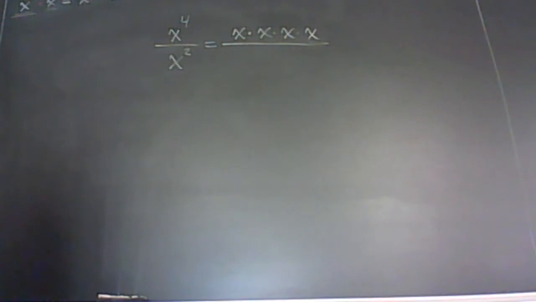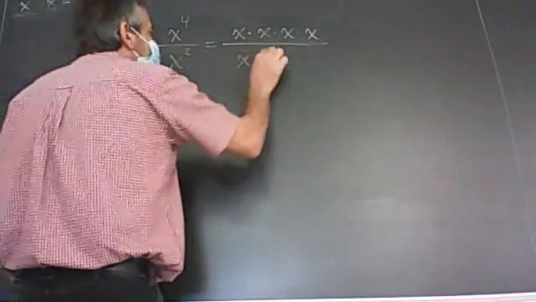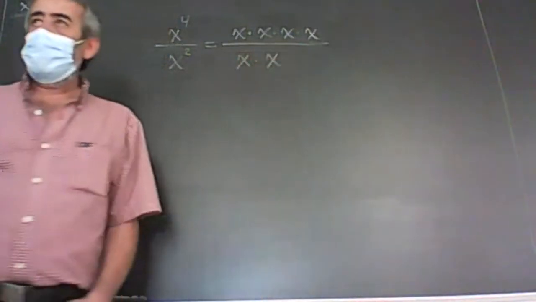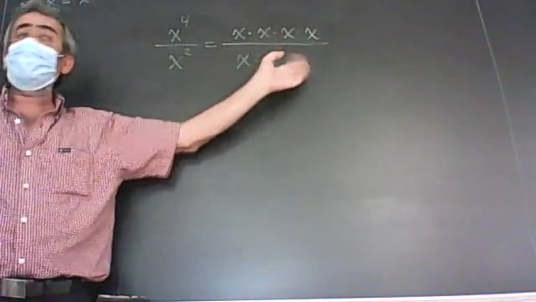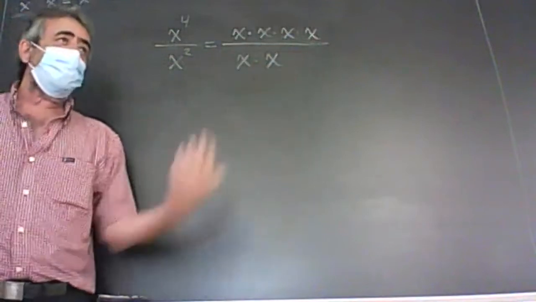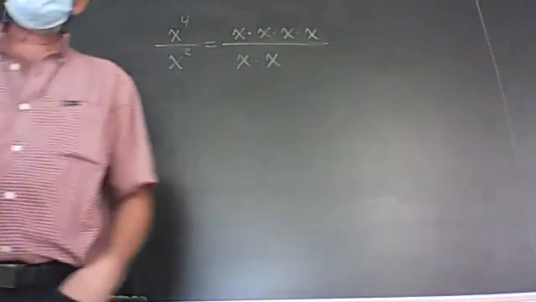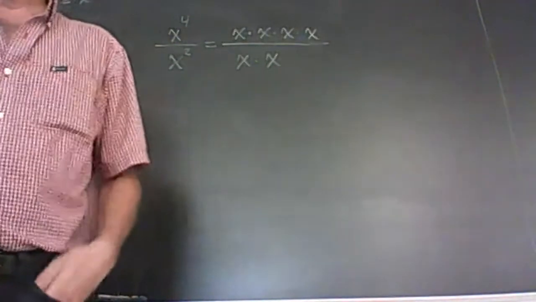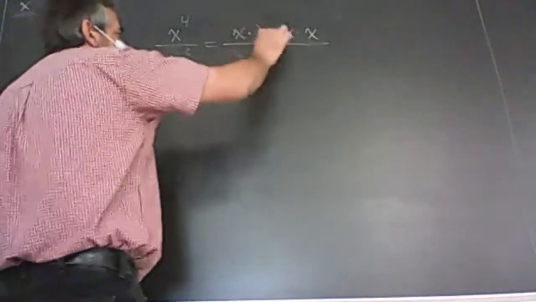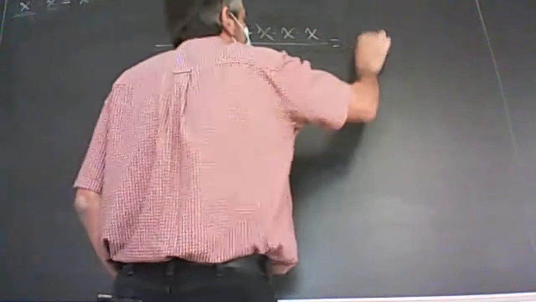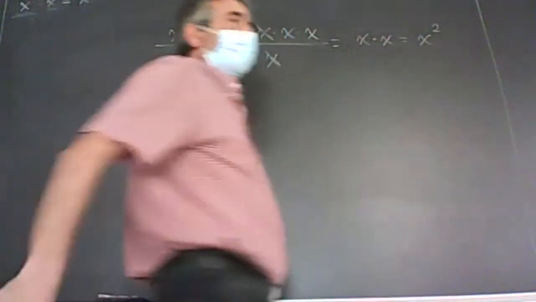It's any other number but 0. And then on the denominator, we have x times x. So we do have multiplication on top. We do have multiplication on the bottom. So that means in a fraction, we can simplify as long as the numbers are not 0. And we just said x is not 0, so I can simplify by dividing both by x. So x and x gone, x and x gone. We're left with x times x, which is x squared.